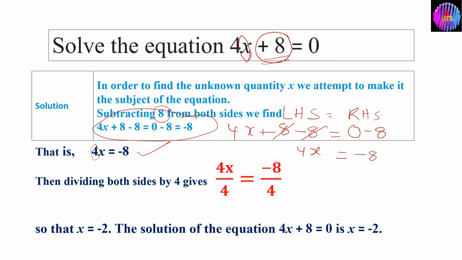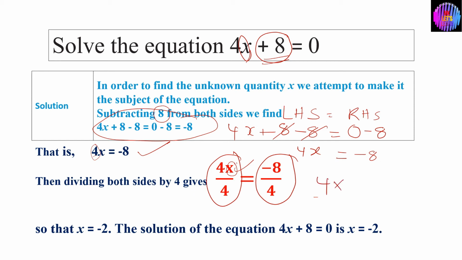So the next step is dividing both sides by 4, which gives 4x by 4 is equal to minus 8 by 4, because we need only x.